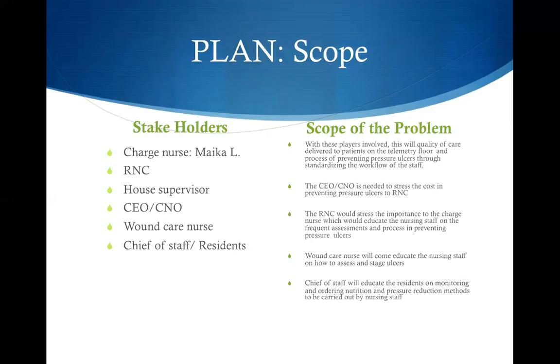A wound care nurse will then come to educate the nursing staff on how to assess and stage the ulcers. And the chief of staff will educate the residents on monitoring and ordering nutrition and pressure reduction methods that should be carried out by nursing staff.